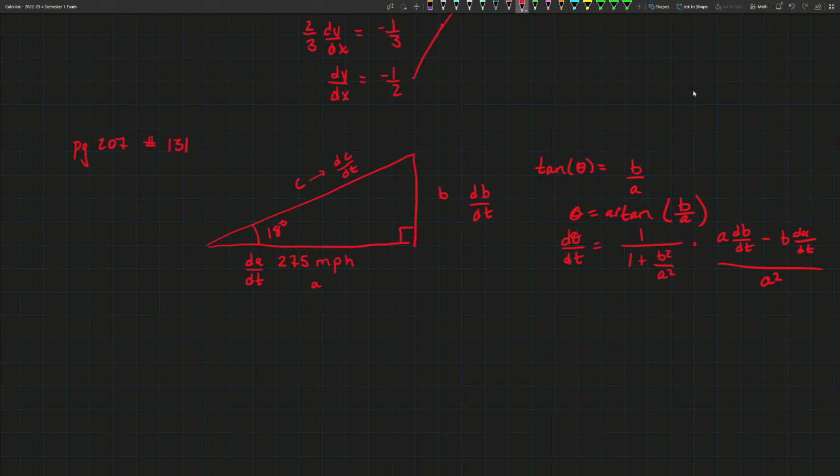We would plug all this stuff in. The great thing is d theta/dt is going to be 0. This 18 degrees isn't changing, it's constant, so there's no rate of change, so it's 0. Yeah, okay, this is where we ran into problems, that's right.